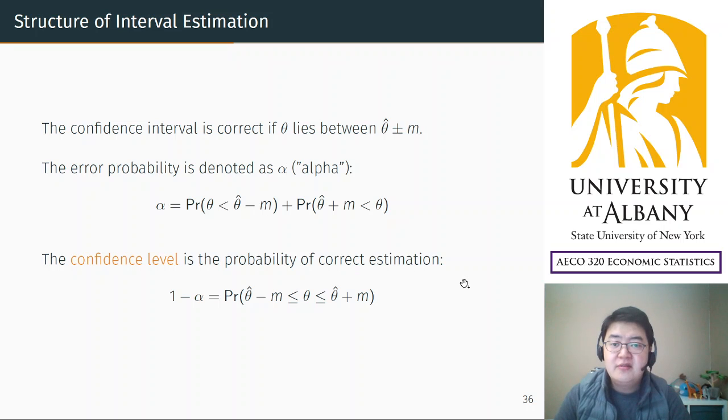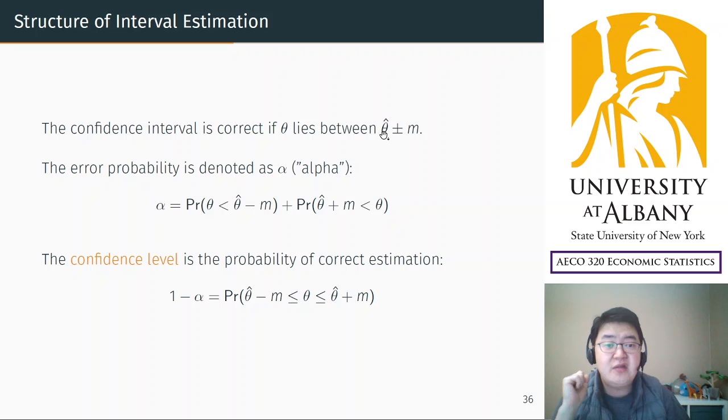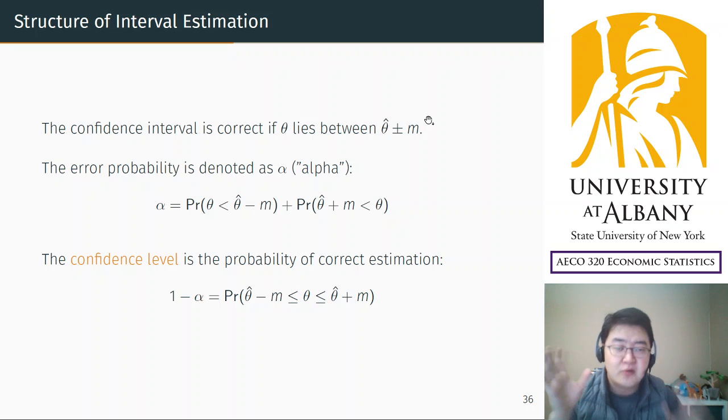Now that we have the confidence interval, we can think about the probability of correct estimation. The interval estimator is correct if the true parameter lies between theta hat plus minus m. So we can think about 2 probabilities.